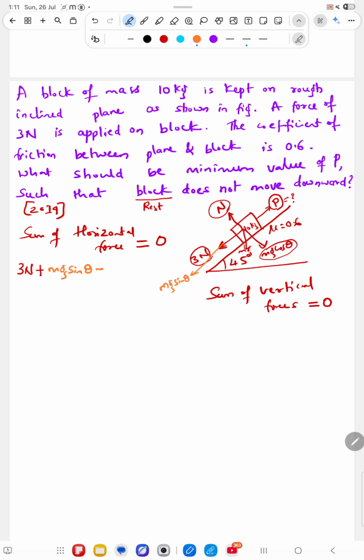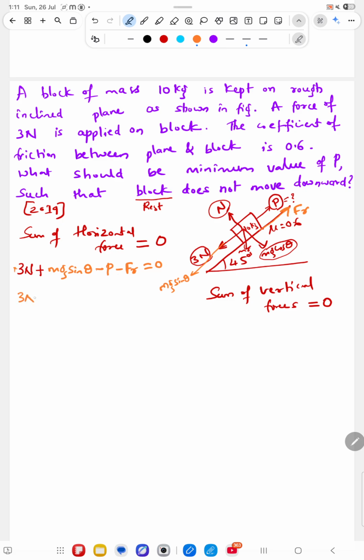See, these two forces, 3 Newton as well as mg sin theta, are acting in the same direction, so I have taken them with a plus sign, and opposite to these forces one is minus P and another is the frictional force, Fr. So the sum is equal to 0. These are the whole horizontal forces, and I am equating that to 0.